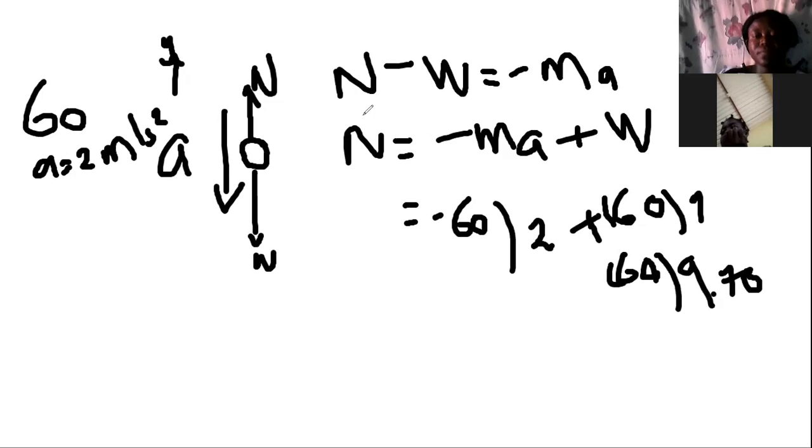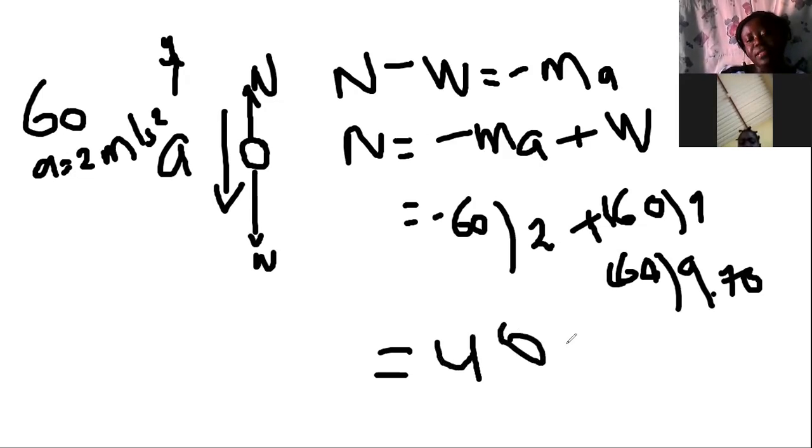What do we get? We have minus 60 times 2 plus 60 times 9.78. You get 466.8.